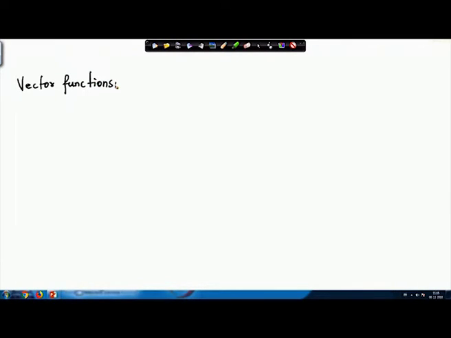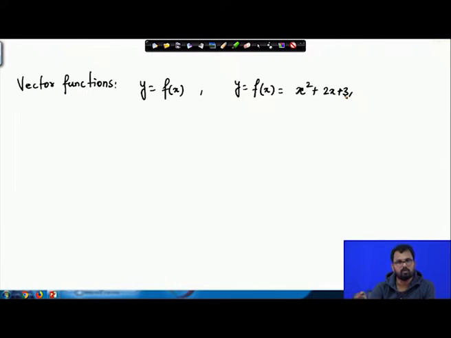What do we mean by vector functions? Usually a function of a scalar variable, or scalar function, is written as y equals f of x, where x is the independent variable and y is the dependent variable. Possible examples could be f of x equals x square plus 2x plus 3, or f of x equals sin x or exponential x, any such functions which we have learned.